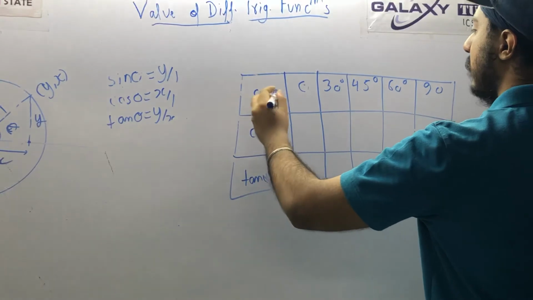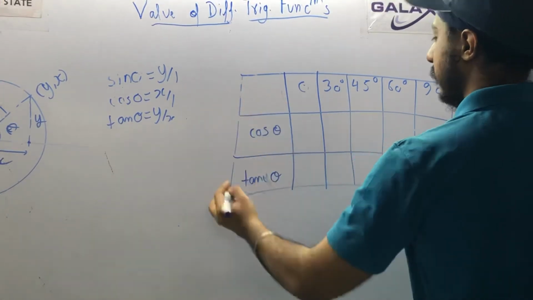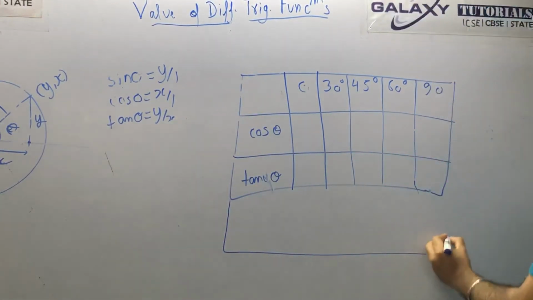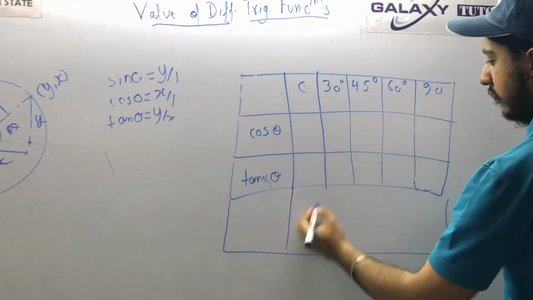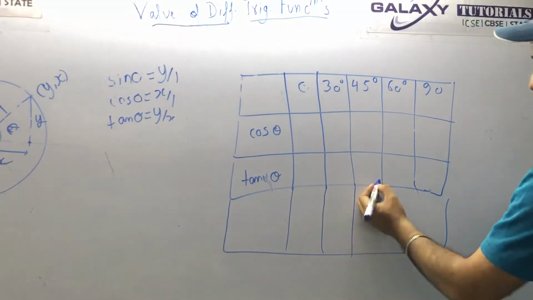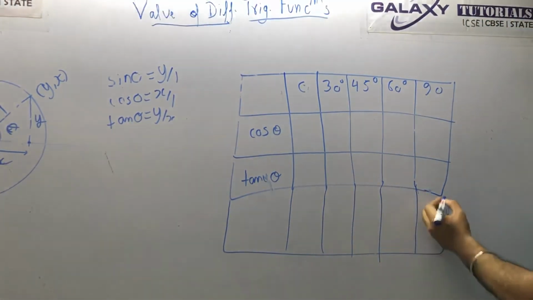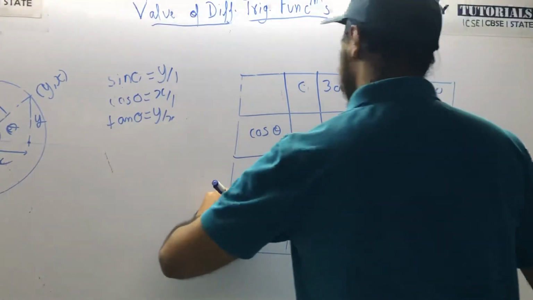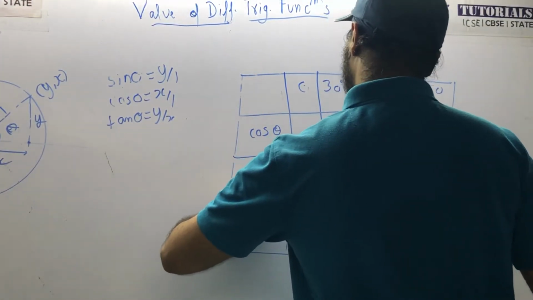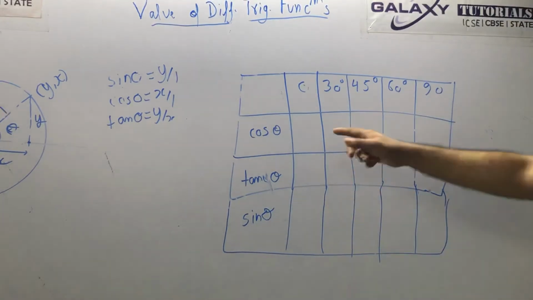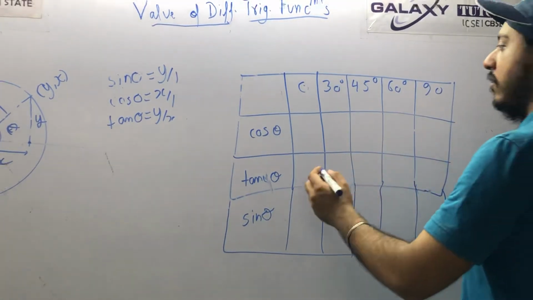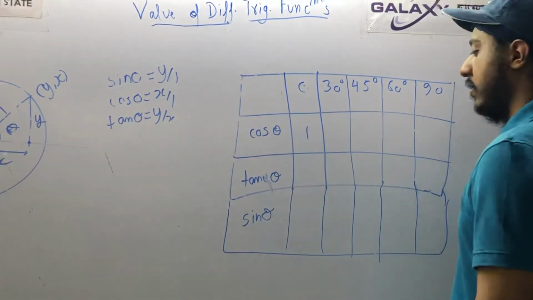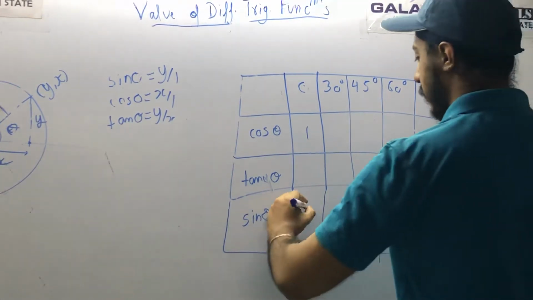Sin 0 is how much? Cos 0 is what? 1. Sin 0 is what? 0.